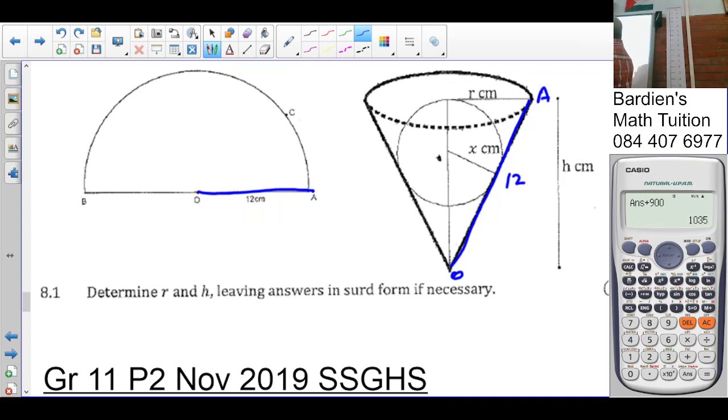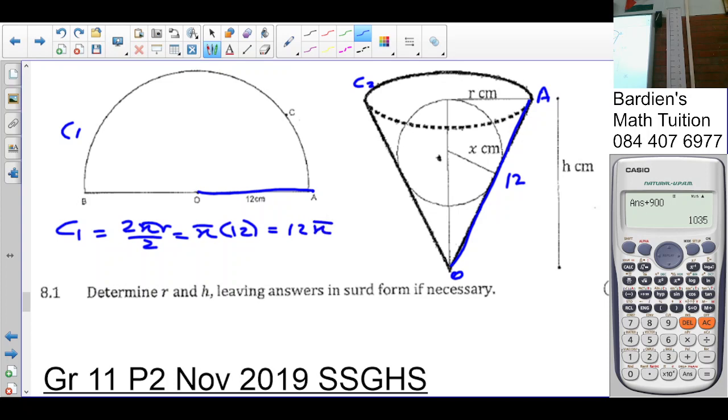Okay. Now you see that the circumference of the semicircle, let's call this C1, and the circumference of the cone's base C2. Now the circumference of C1 is going to be 2 pi r divided by 2, which is pi times 12, which is 12 pi.